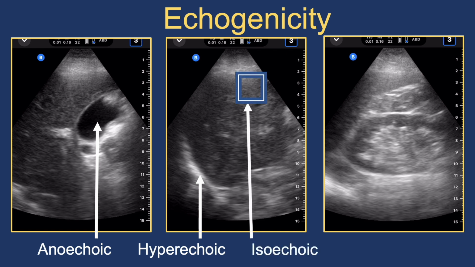Isoechoic is when all the density or echogenicity is pretty similar. So in this picture, the liver shows a pretty smooth echogenicity. And then finally, hypoechoic means it's not as black as anechoic, but it's less intense than surrounding tissues. If you look at this, the cortex is hypoechoic as compared to the hyperechoic calyces of the kidney.